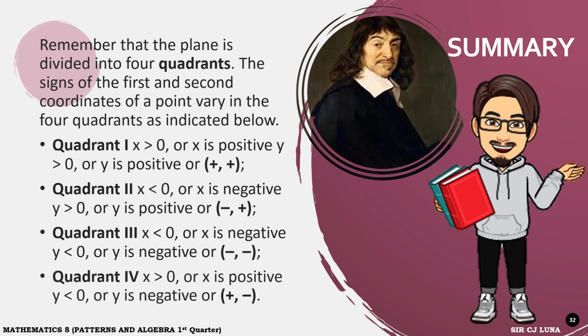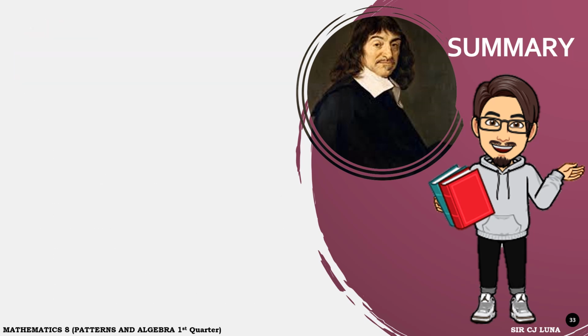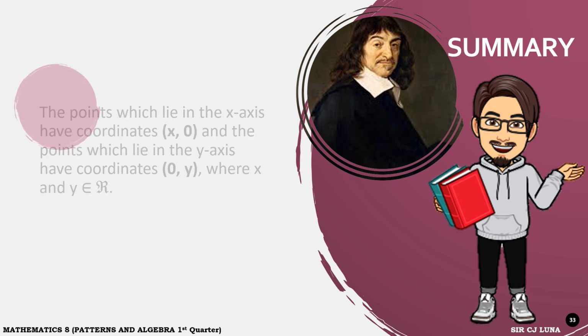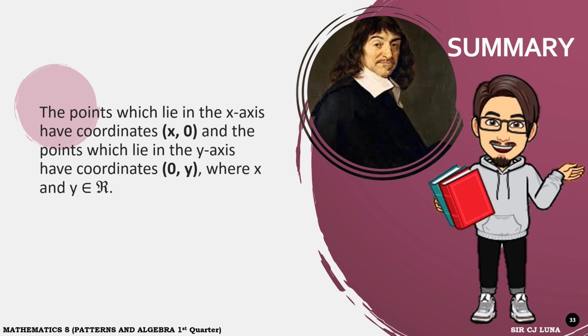And in quadrant 4, your x coordinate is positive and your y coordinate is negative. The points which lie on the x-axis have coordinates (x, 0), and the points which lie on the y-axis have coordinates (0, y), where x and y are real numbers.